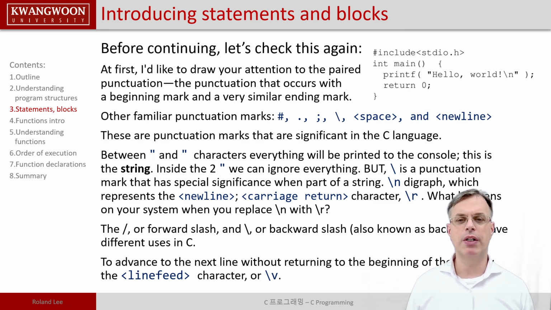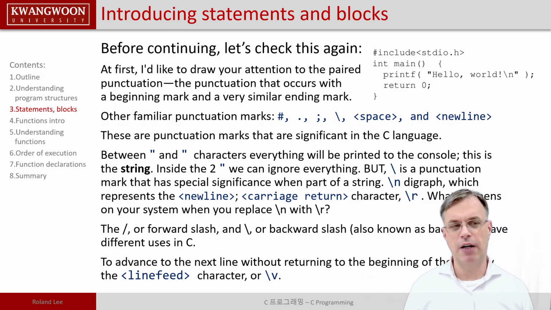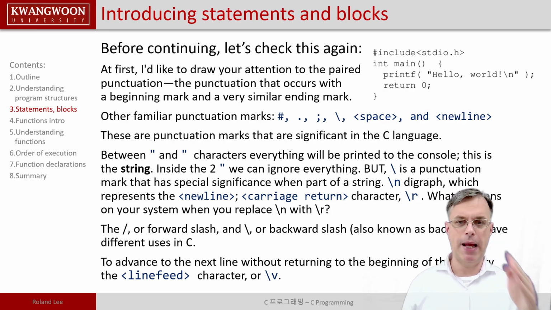We can ignore the comma and the exclamation point contained between these two quote marks because, as we have already seen, these are printed out to the screen as a part of the greeting. The characters between the two quote marks represent a sequence of characters that is a string to be displayed on the console. Yet, the backslash or backward slash is a punctuation mark that has specific significance when part of a string.